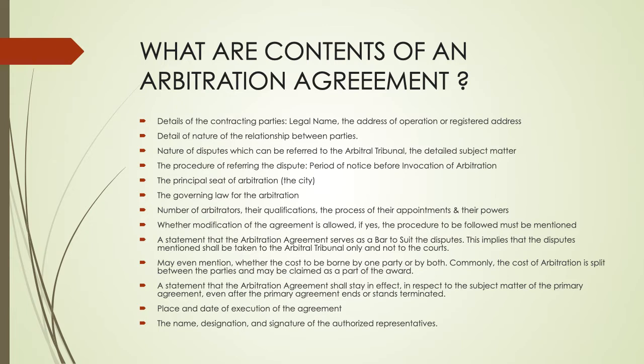Now, the contents of the arbitration agreement. First, there should be details of the contracting parties: the legal name, and the address of operation or the registered address.